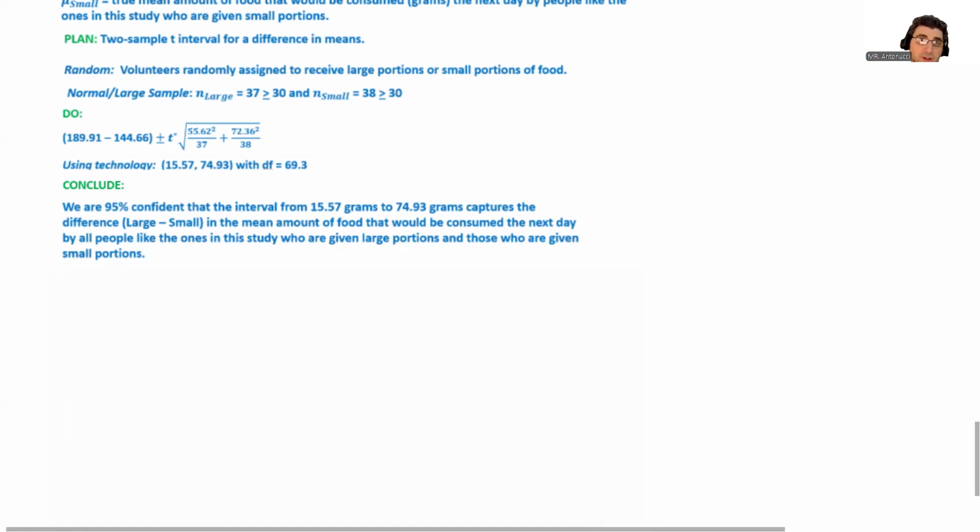Now we can get some additional information from this confidence interval because this interval does not include zero, which is interesting because this gives us convincing evidence that the difference in the true mean amount of food that would be consumed the next day by people like the ones in this study who are given large portions and those who are given small portions isn't zero.